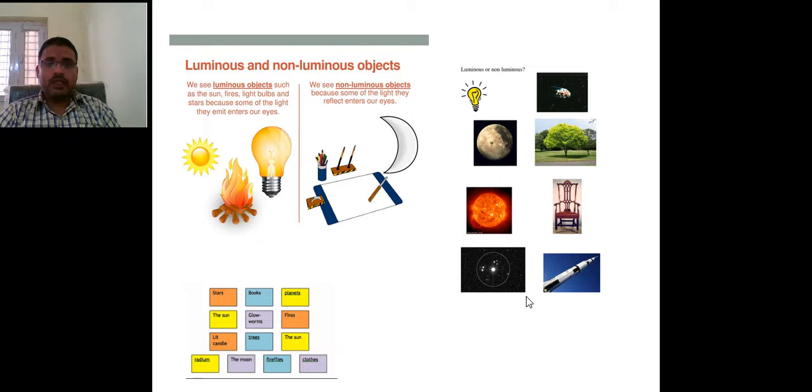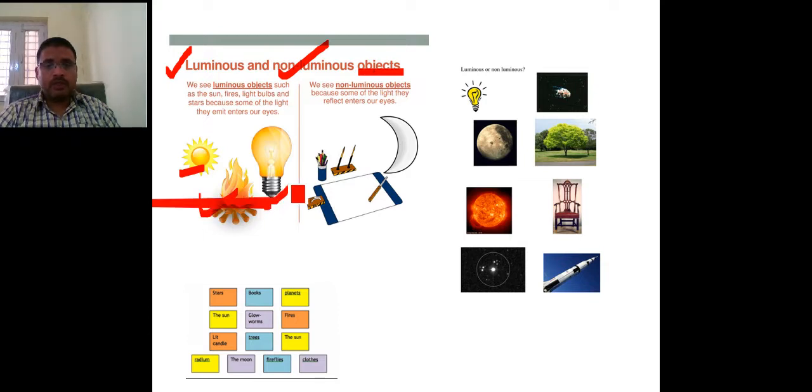There are two kinds of objects. One kind is known as a luminous object, and the other kind is a non-luminous object. Luminous objects are like the sun, the fire, and the light of a bulb.